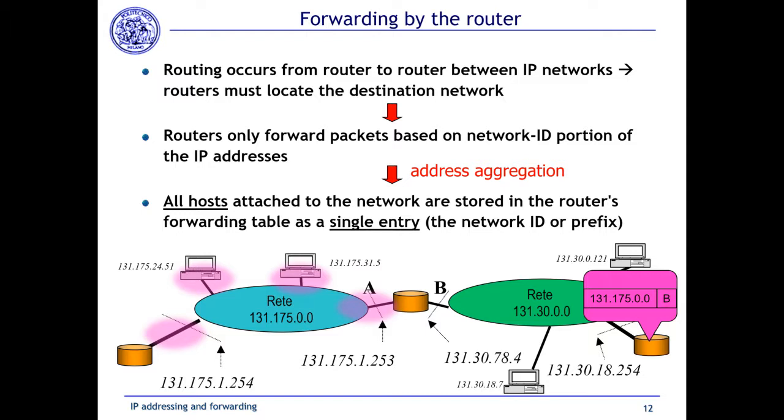The entry reports only the network address of that network, so the network prefix of that network, and then in the other column, what is the next stop to use. The next stop is usually the IP address of the interface of the router that should be used as next stop.